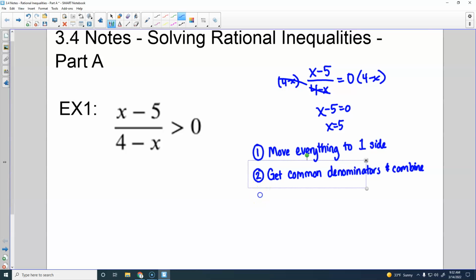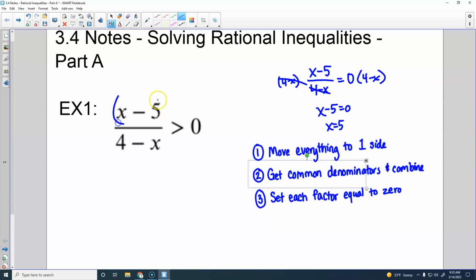Then the step that we're going to do next is we're going to set each factor equal to 0. Okay, so you want it in factored form. This is already factored because it's a very simple equation.